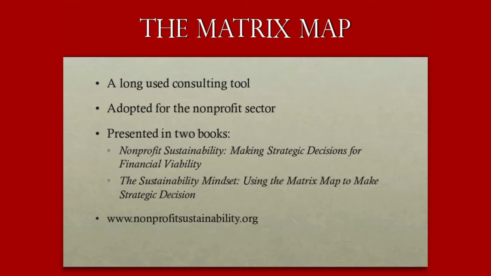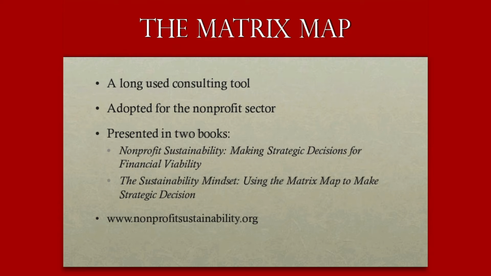One of the tools that we use in the course I teach, and has gained some real success in the sector, is something called the matrix map. And the matrix map is not actually brand new or all that revolutionary, in that it's used quite often in business consulting to look at viability and investment opportunities.